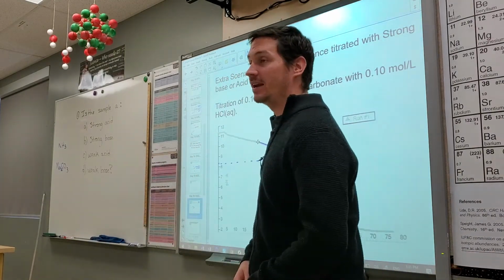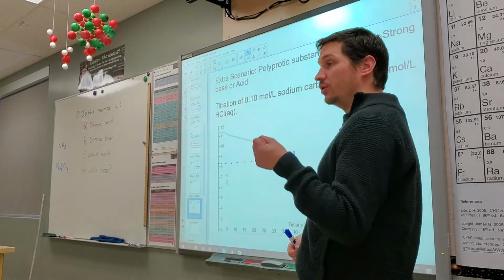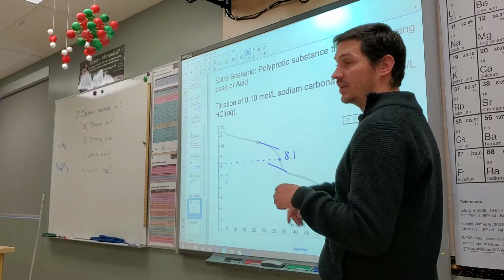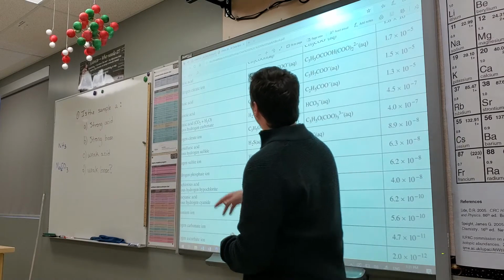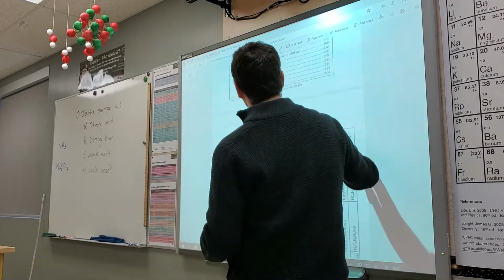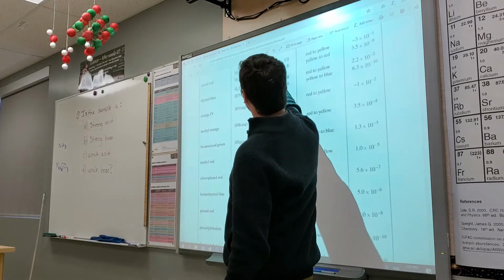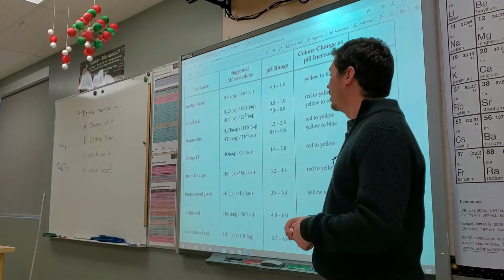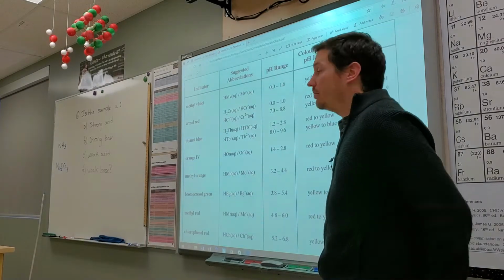So what indicator could you use to differentiate between an equivalence of 8.1? What kind of an indicator would be appropriate? Okay, let's go from top to bottom.